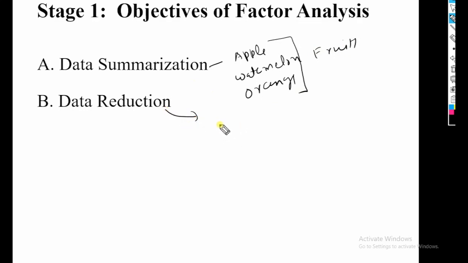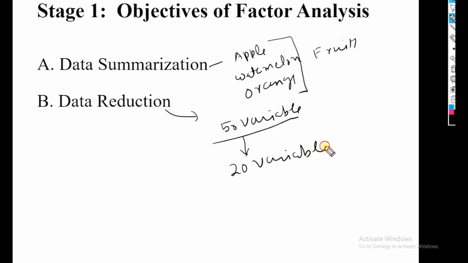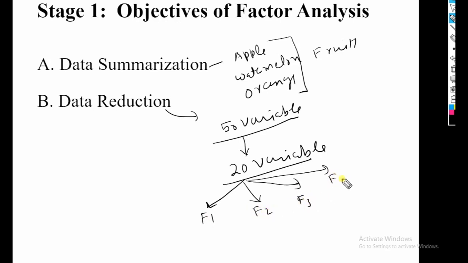Data reduction is, for example, taking 50 variables or 50 questions. I can reduce them to 20 variables that are related to our study, and further divide them into 4 or 5 factors: factor 1, factor 2, factor 3, factor 4.